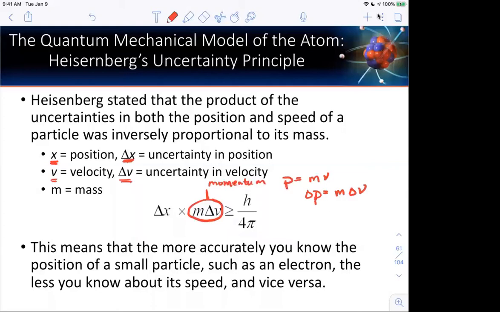So sometimes when you look at the uncertainty principle, this m delta V is going to be looked at as momentum, or an uncertainty in momentum.